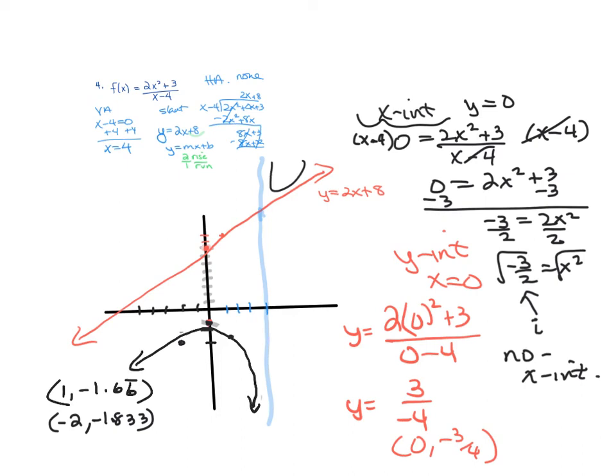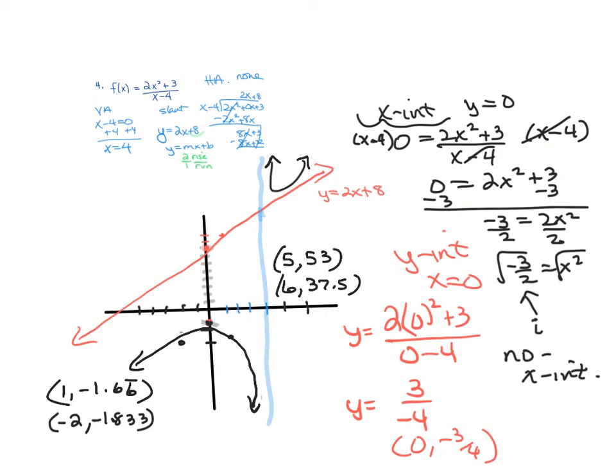I also need to figure out some points up here. So I could look at x equals 5 on my calculator. And that ordered pair would be 5 comma 53. I could look at 6, and that would be the ordered pair 37.5. So 5 and 6.